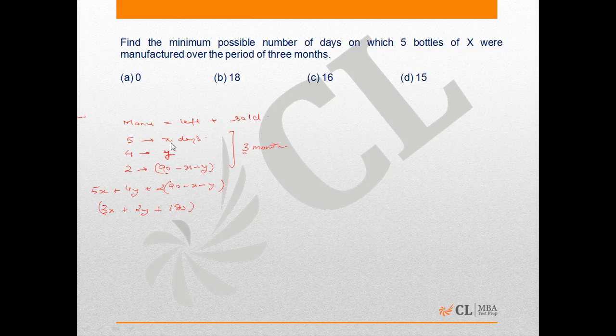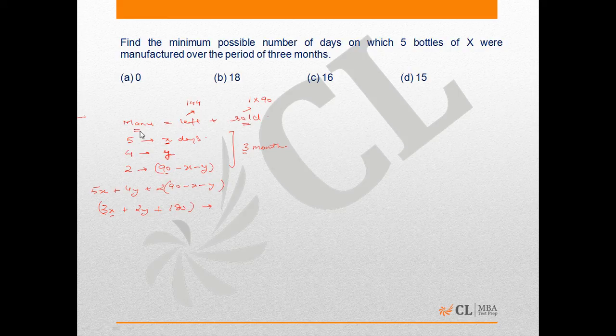So now we have to minimize the value of X. To minimize the value of X, we have to minimize this total value. Now the number of bottles which were left unsold is a fixed value which is given as 144. To minimize this value, we should assume that every day 1 bottle is sold. So in total 90 bottles were sold.